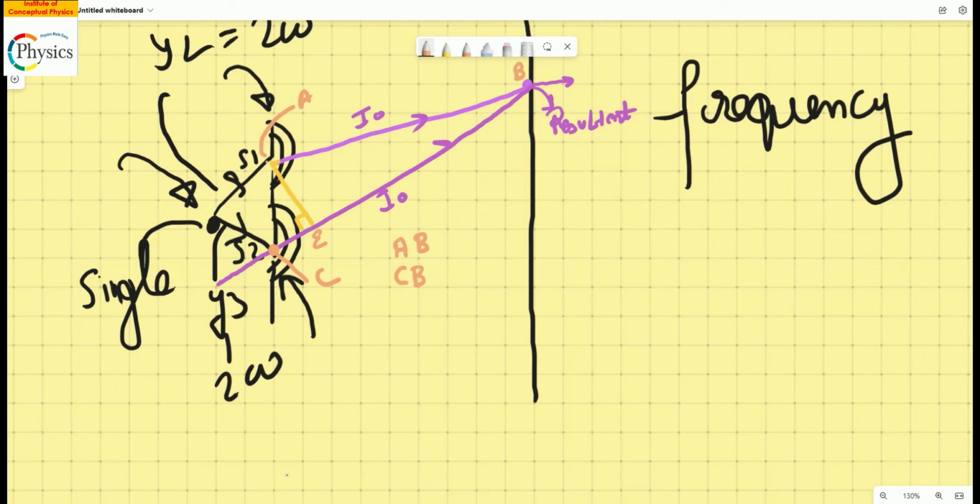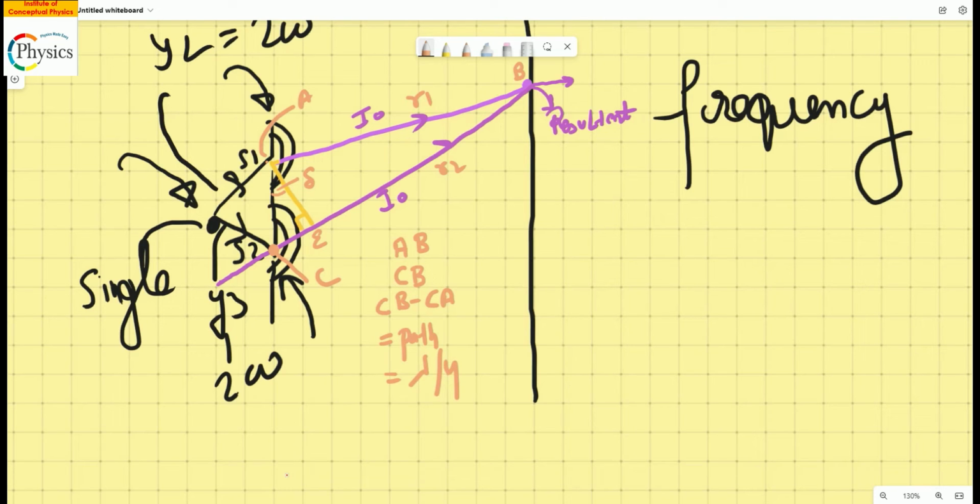So this extra is CB minus CA. You would have seen the words R1 and R2, and this other angle which is always given, delta. So CB minus CA is equal to the path difference, which in our question is given to be lambda by 4.